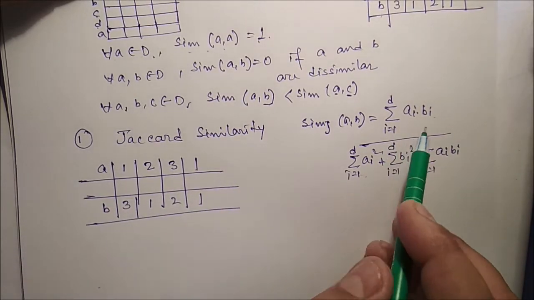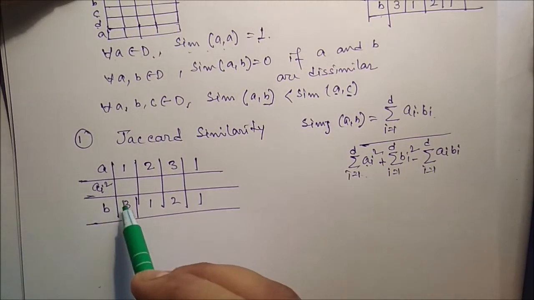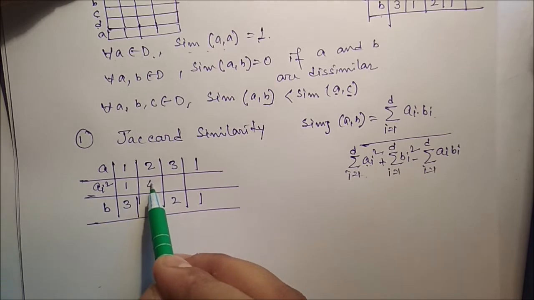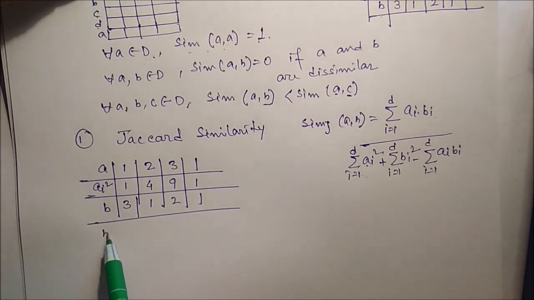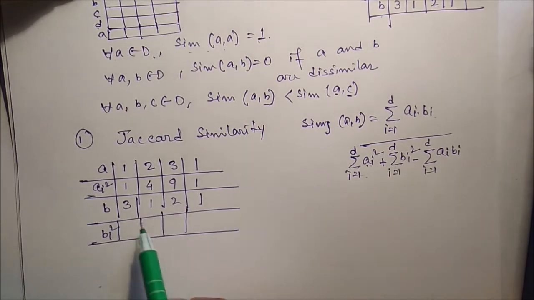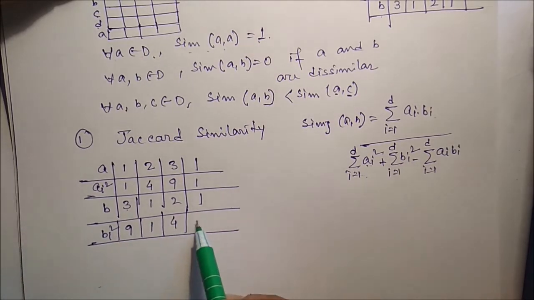Now first of all we have to calculate Ai square. If you calculate Ai square, that means square of this: 1 square 1, 2 into 2 is 4, 3 into 3 is 9, and 1. Similarly we have to calculate Bi square. So Bi square is 3 into 3 9, 1 into 1 1, 2 2s are 4, and 1.